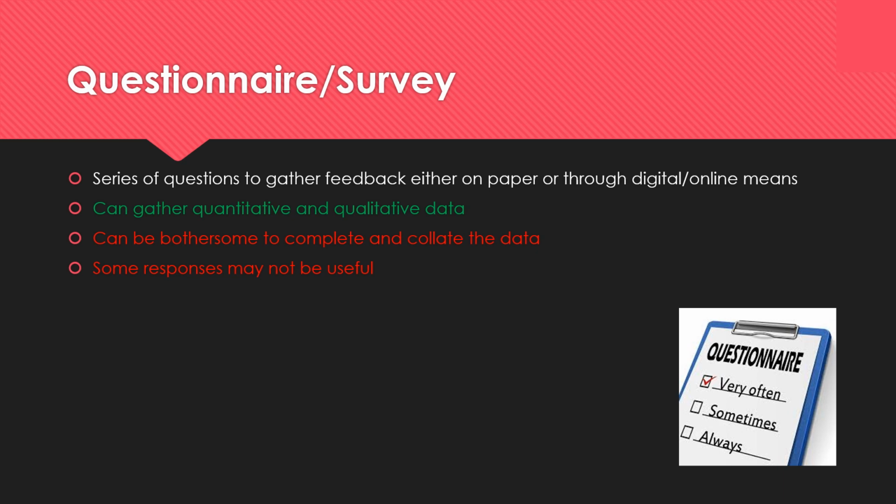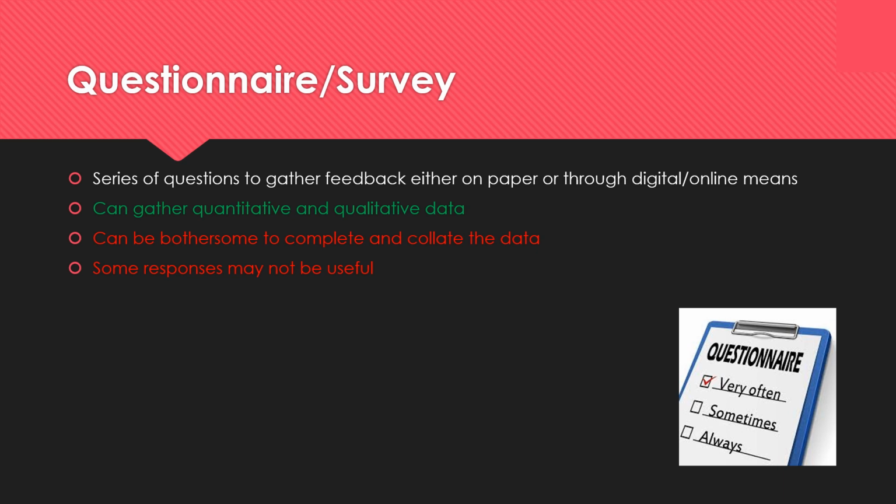One example is a questionnaire, or sometimes called a survey. Now you can do a survey or a questionnaire either on paper or through digital or online means. What that means is you can either type up a survey or write one out by hand and give it out to people on paper.